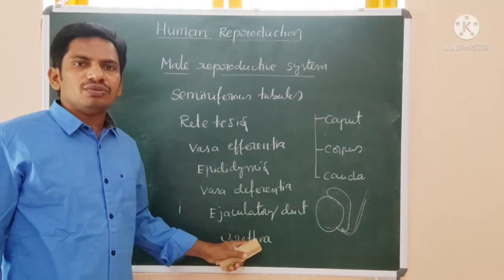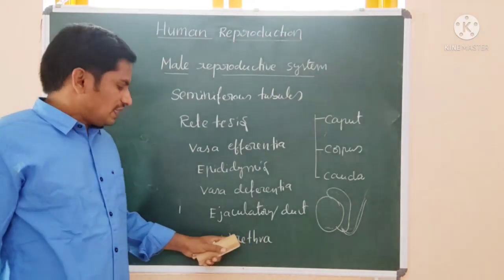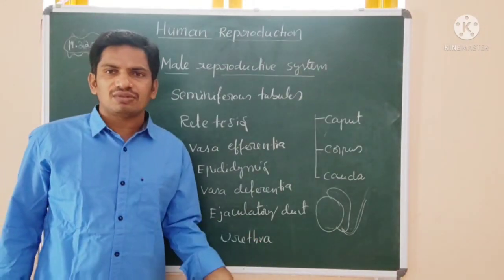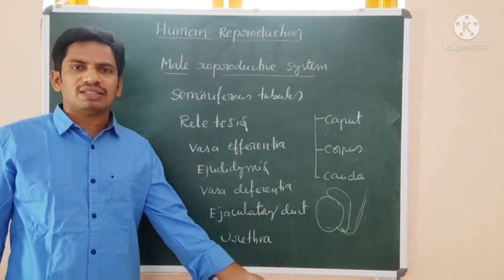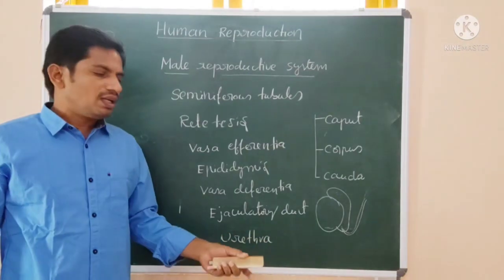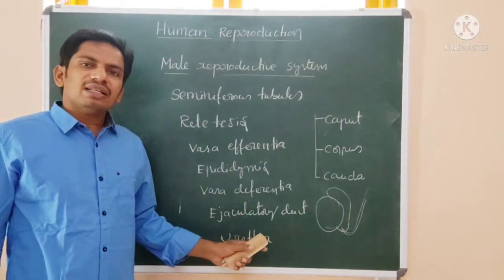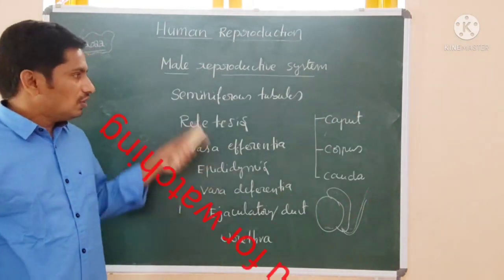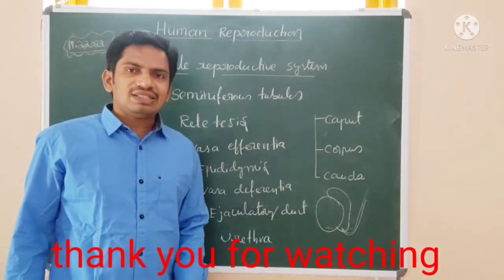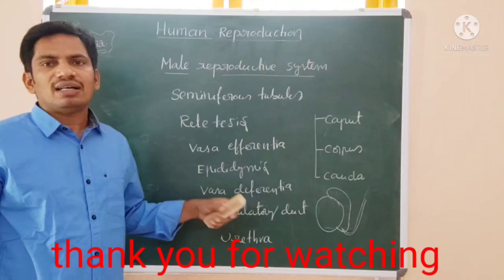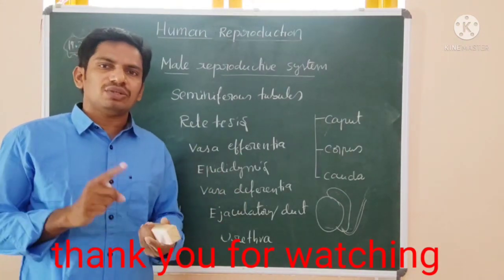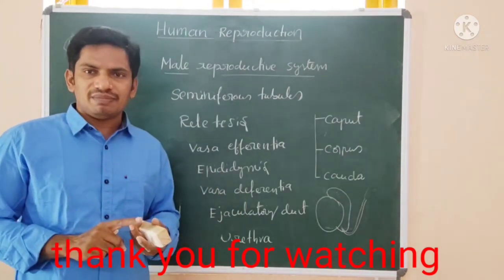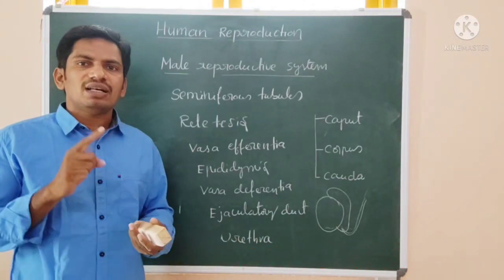Through that only, urine as well as sperm cells are ejaculated out. At the time of urination, urine is passed out through the same route. During copulation, the sperm cells are ejaculated out. So the urethra facilitates the passage of both urine and sperm. That's why it is called the urinogenital system.